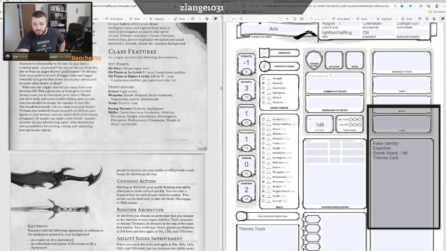And then down here you have your passive wisdom perception. So basically, when they say passive, it's usually 10 plus your modifier. So 10 plus our perception modifier. Since we are not proficient with perception, we don't get any bonuses to our modifier.